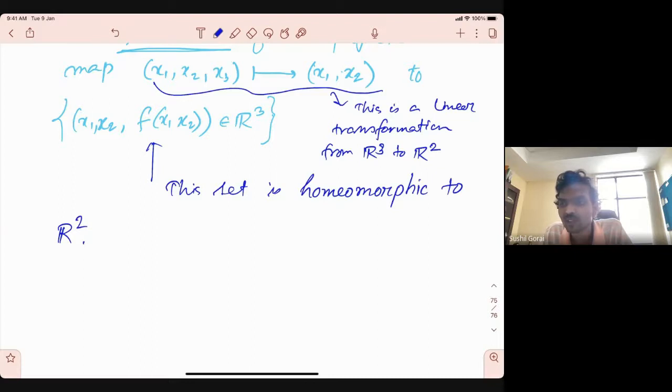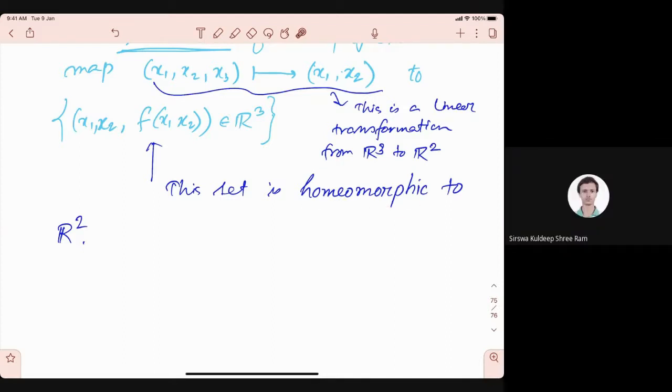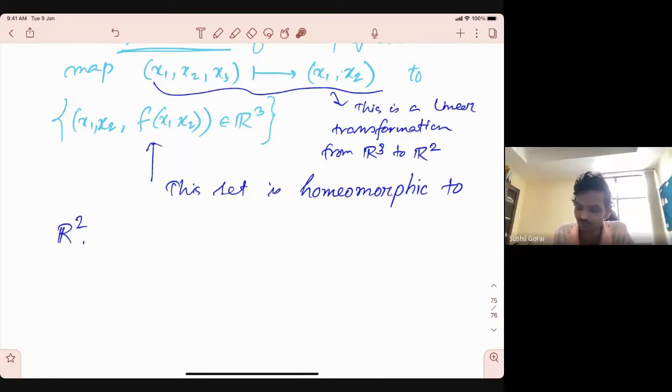Sirsa, Kuldeep, Sriram, can you tell me what is a homeomorphism? Yeah, what is a homeomorphism?